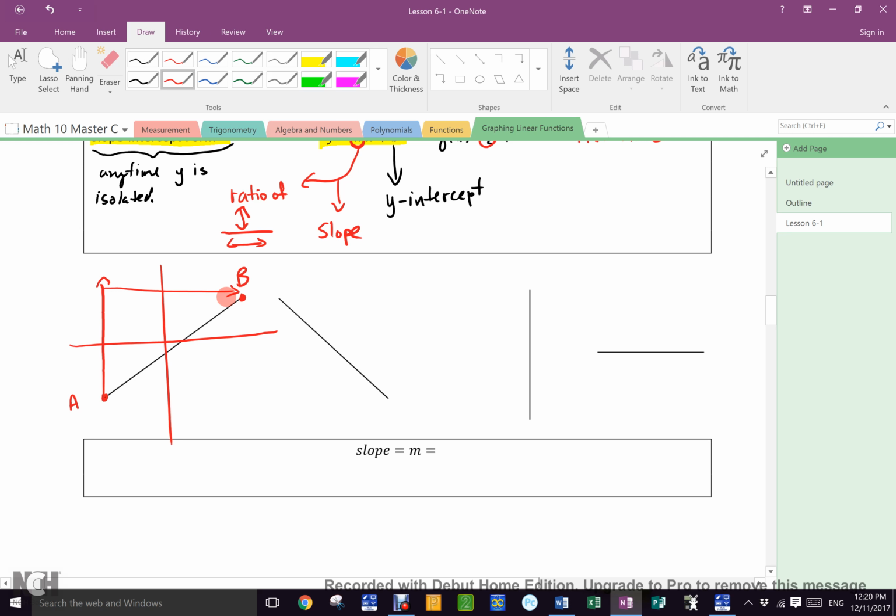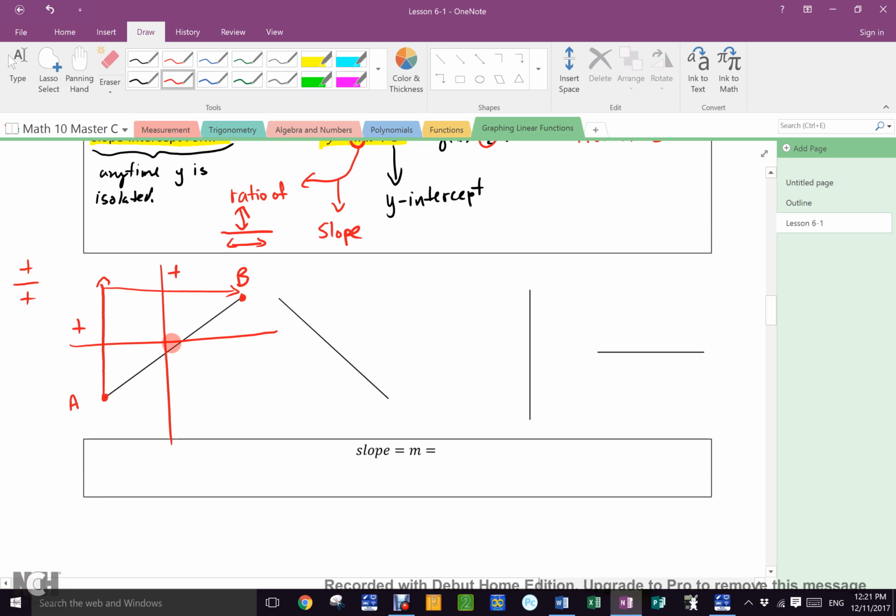On a graph, what values are associated with up? Positive or negative? Positive. What values are associated with right? Positive or negative? Positive. So if I was going to make the ratio of up and down to left and right, I would end up with a positive number divided by a positive number, wouldn't I? And 2 positives make what? A positive.